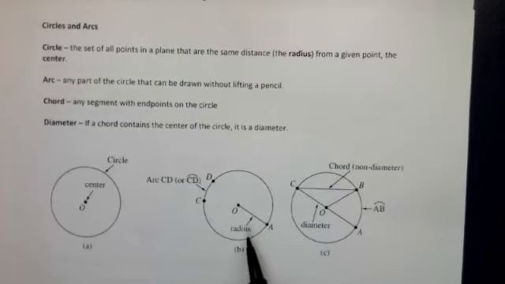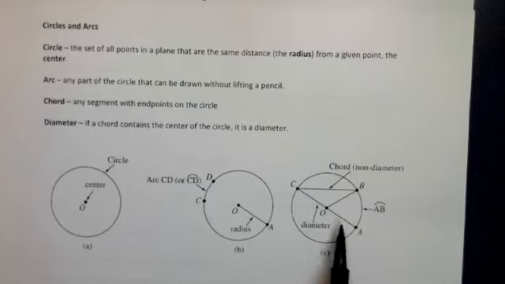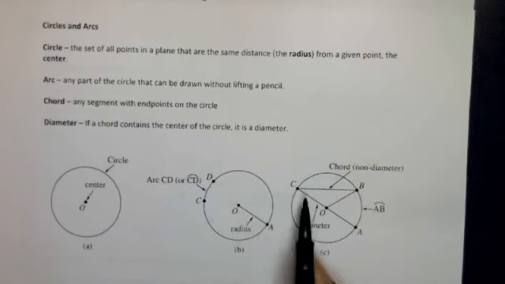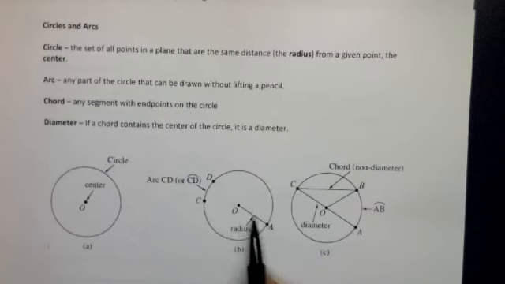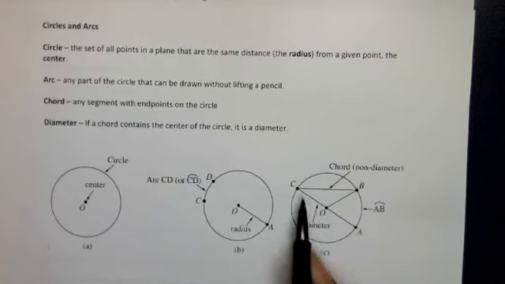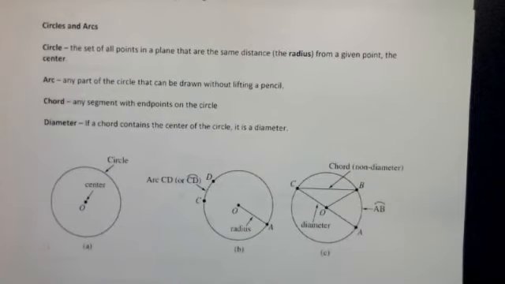And by the way, there are some relationships with the radius and the diameter. In this case here, the length of the diameter will be twice the length of the radius. Also, the length of the radius is considered to be half the length of the diameter.